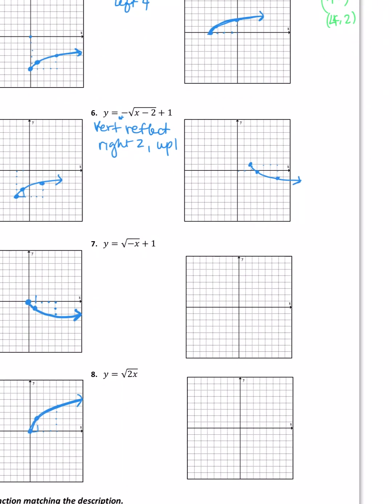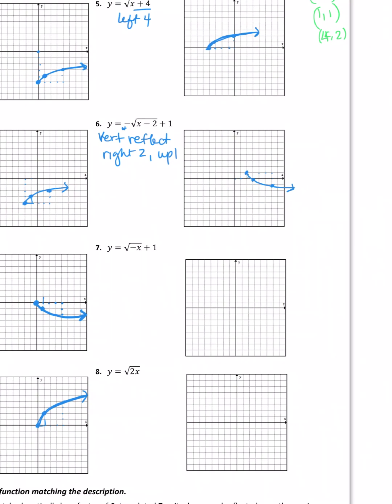Number 7. Let's see. Now this is different. This is a horizontal reflection. I'll show you what that does here in a second. And up 1. No, it's still starting here. So horizontal reflection means I am going this direction, reflecting this direction. So I know I'm going up 1, so I'm going to start here. Now I'm going to apply those same points.